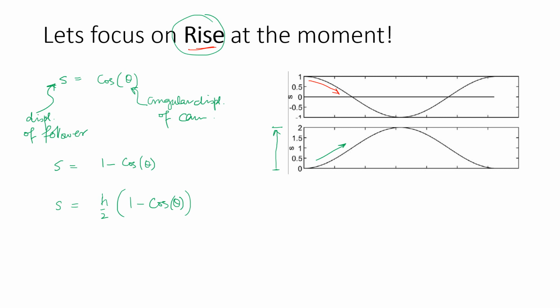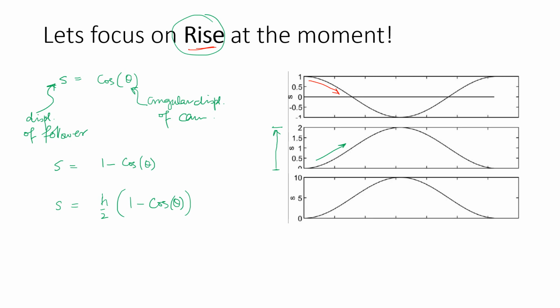If I now try to draw this behavior, it is going to look something like that, and readily you can see the difference over here. From this to this, you can see that it starts from 0 and it goes all the way to 10, when h is equal to 10 for the simulation.